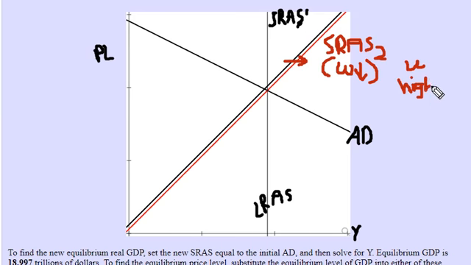High unemployment, right? So what happened to the price level? You can barely kind of see it, but GDP is equal to potential here, right? GDP is equal to potential now.